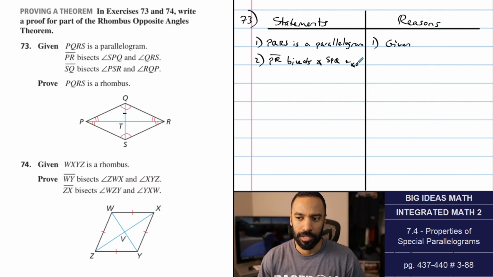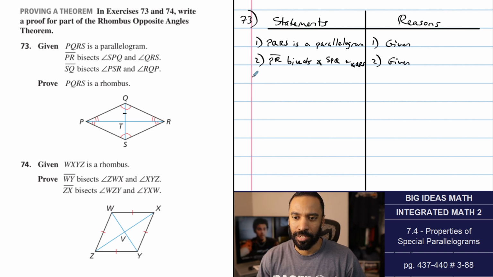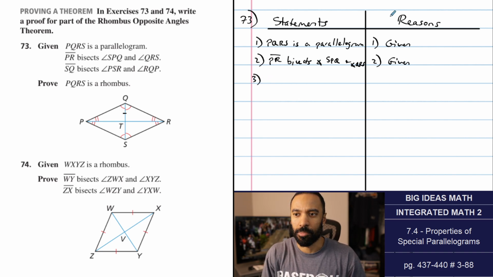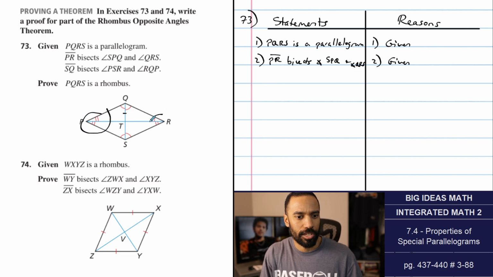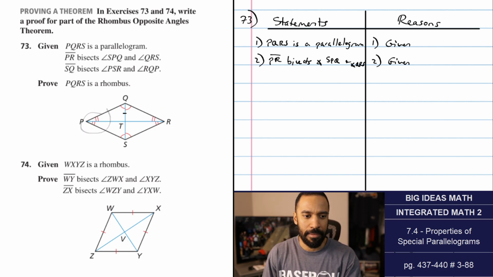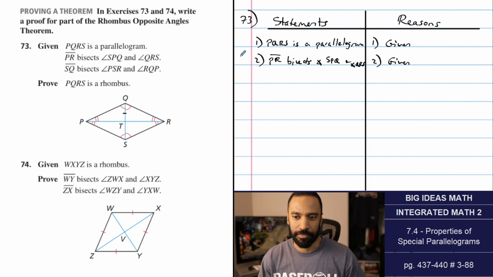bisector, sorry about that. You know what it says. That's given. And SQ. Actually, before I do the SQ one, let's just say based off that bisector, segment PR bisects angle SPQ and QRS. Therefore, we can name those things congruent by definition of bisector.